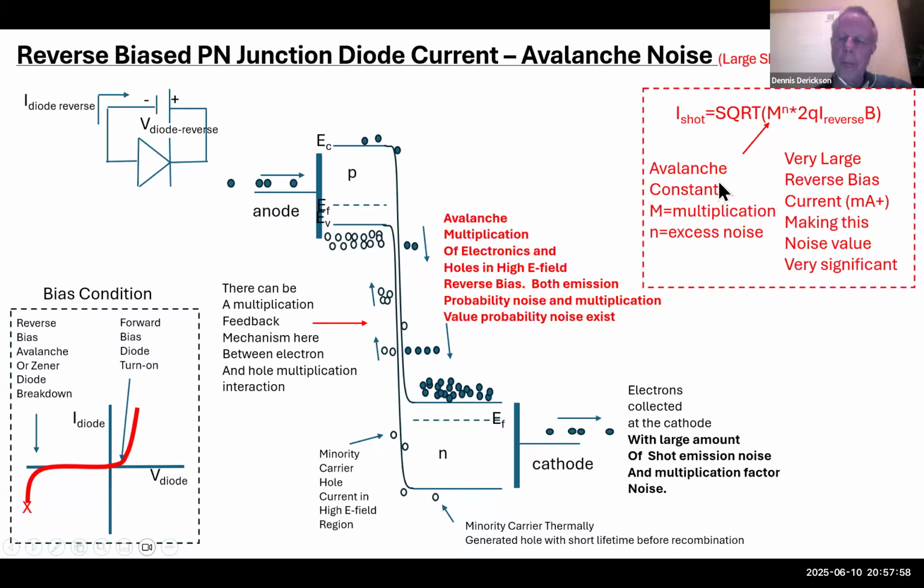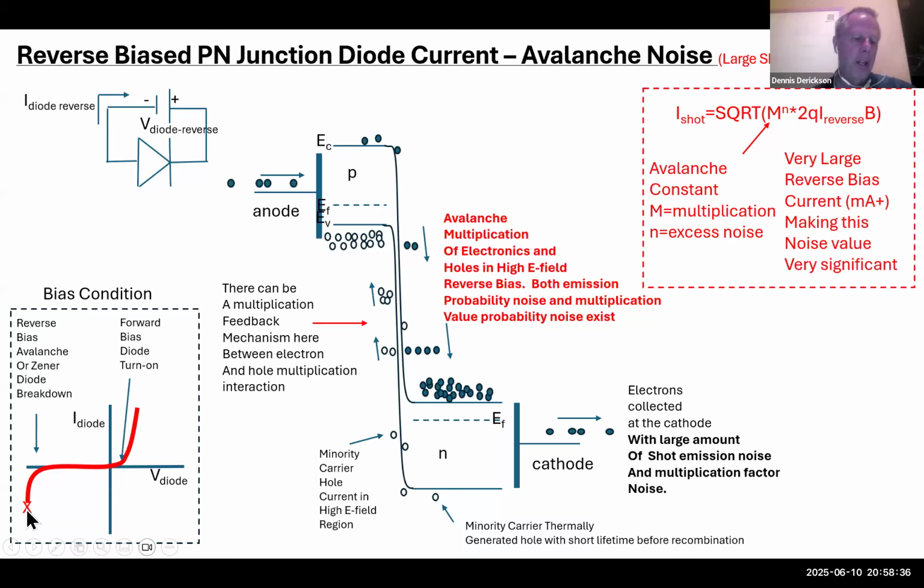And so in our shot noise equation, this time we have this constant, which is some number M times N to the n power. M is the average multiplication value, so in this case it shows a multiplication of 4. But there's also this excess noise factor that takes into account this feedback that will make the system even noisier. And so these are experimental parameters that you get by taking a measurement and trying to fit it to the known formula right here.